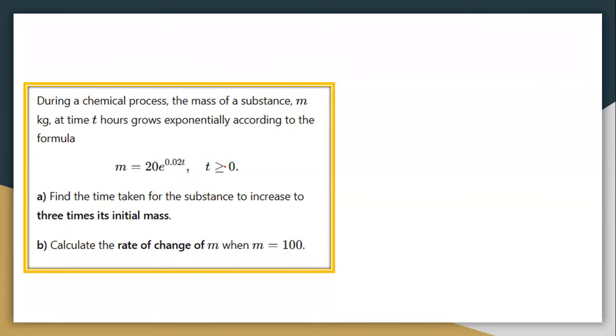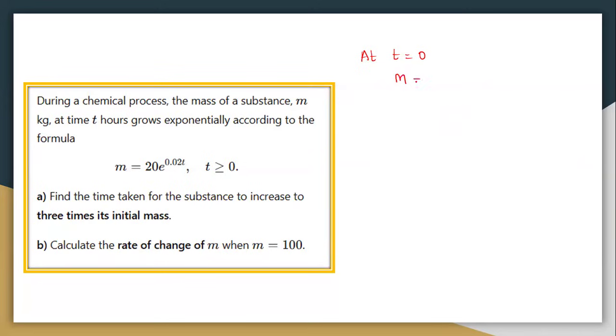T stands for the time. Initial mass means what point is that? That is the point initially when you are starting. So what is the value of t at that point, members? The time. Thank you, Ms. Meta. Time is 0. So that means you will say at t equals 0. That is what you call the initial time.